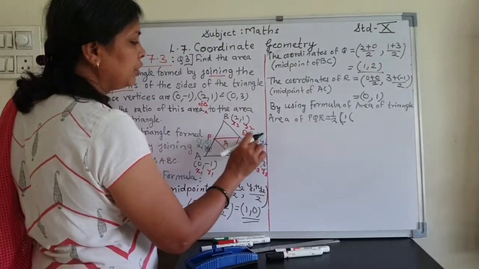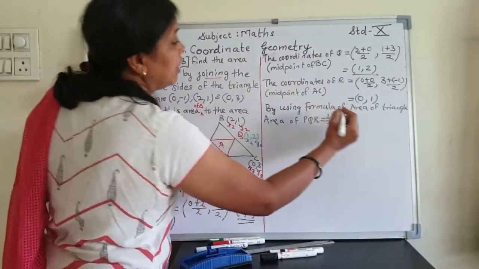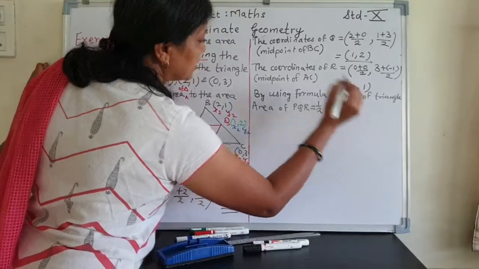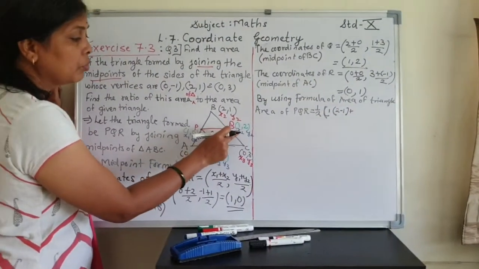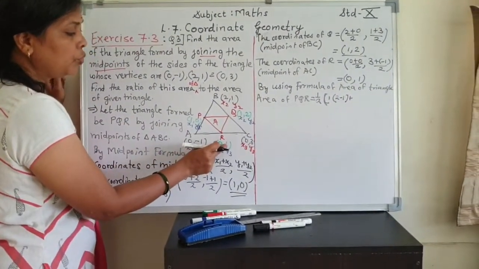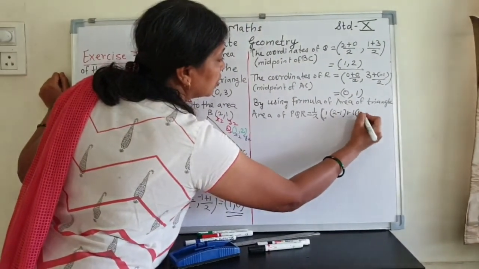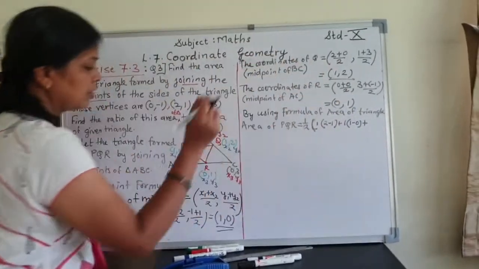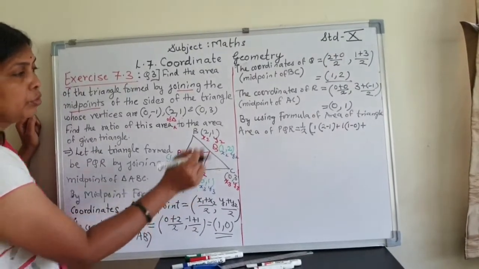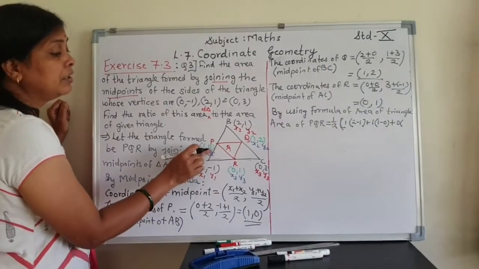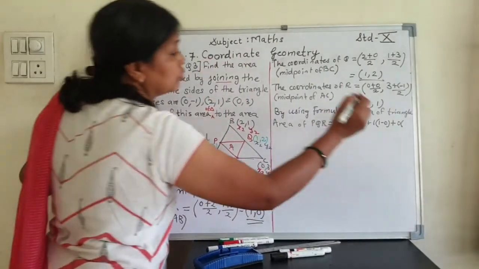This is 1 into (2 minus 1), plus, next 1 into (1 minus 0), plus 0 into, whatever we write that comes 0, but we have to write it (0 minus 2).